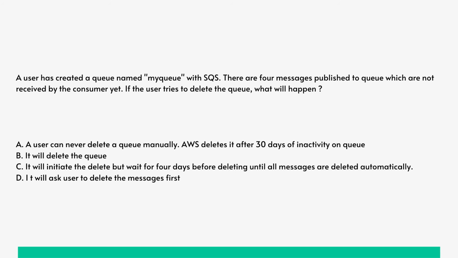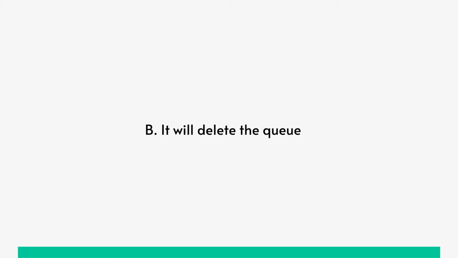Option C, it will initiate the delete but wait for hours before deleting until all messages are deleted automatically. Option D, it will ask the user to delete the messages first. The correct answer is B, it will delete the queue.